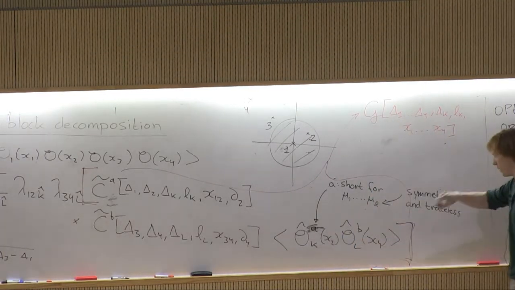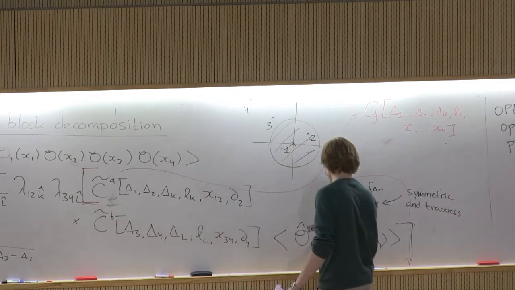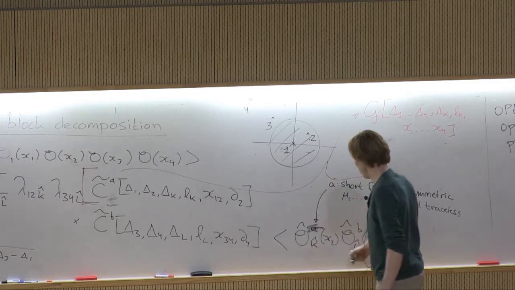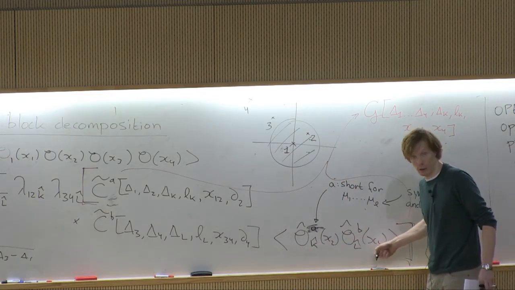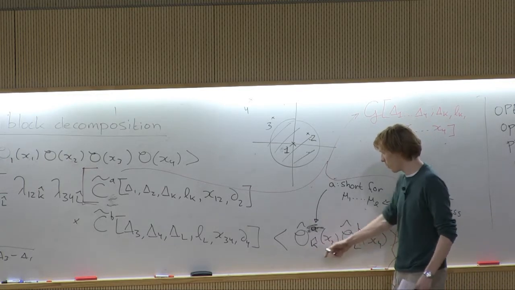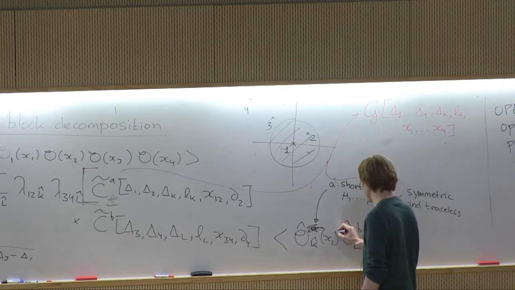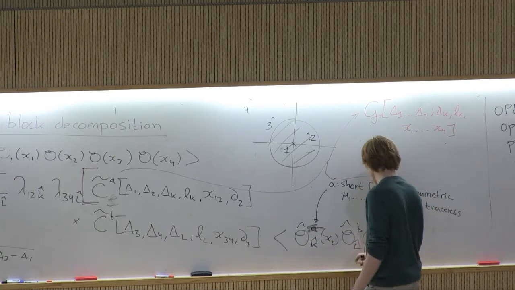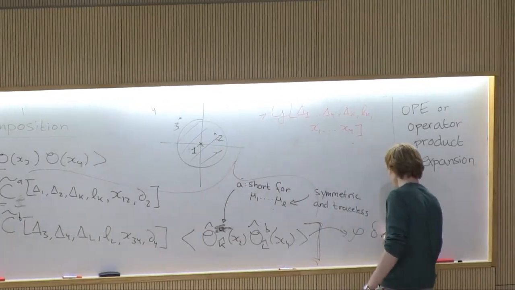Actually, there's one more simplification as before. The double sum that we had, because this is proportional to delta KL, the Kronecker delta, the 2-point function, I can diagonalize them, so that the only non-zero 2-point function is when operator k is equal to operator L. So this, in particular, is proportional to delta KL.